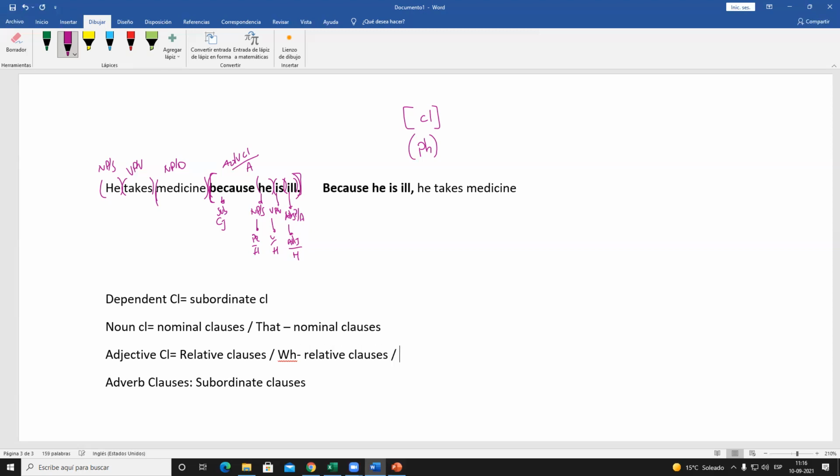Y si es que partiera con that, porque pueden partir algunas con that, les dicen that relative clauses. Y las subordinate clauses le dicen subordinate clause nomás. Eso es importante. No sé si eso responde su pregunta.